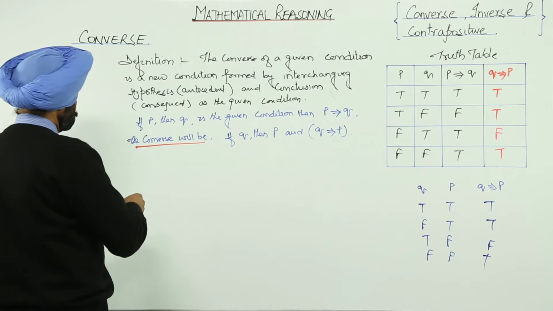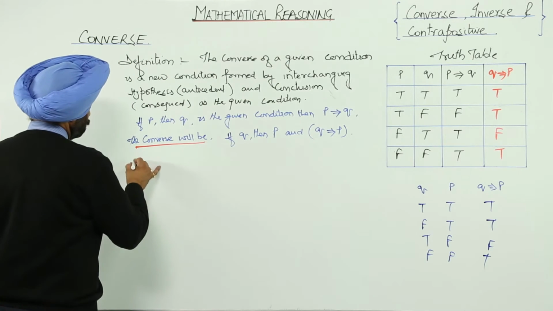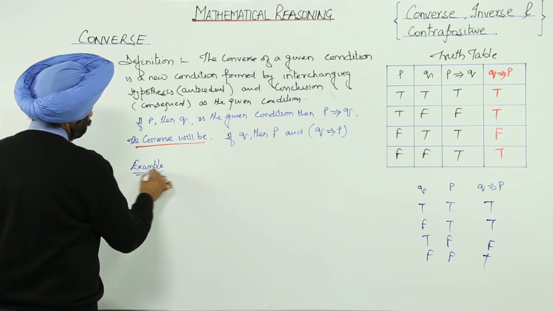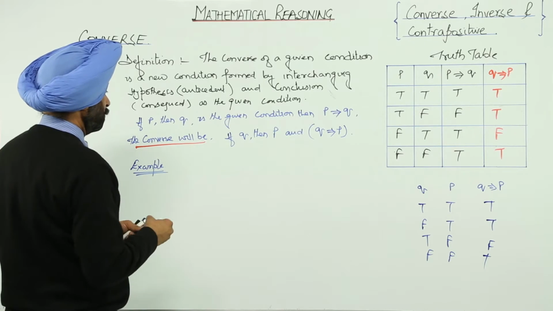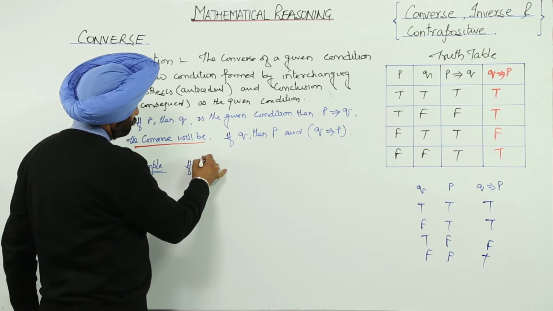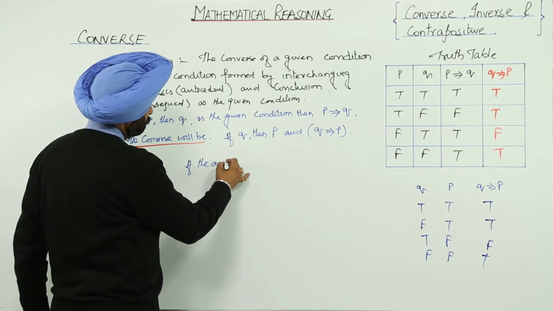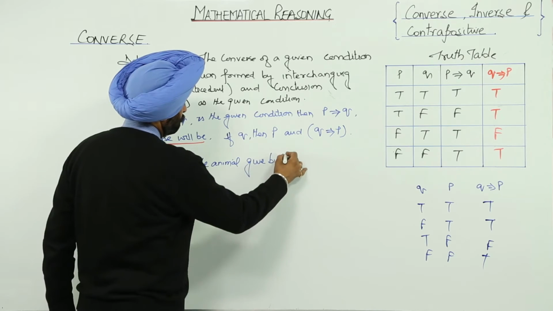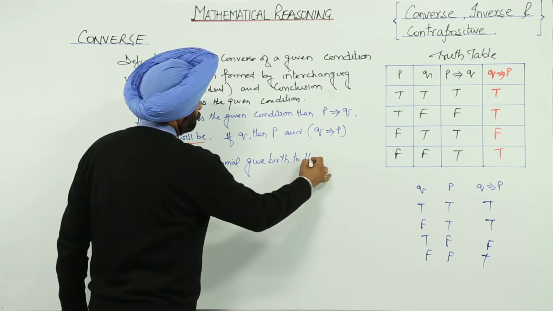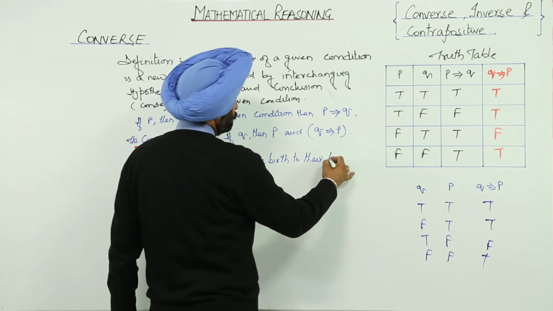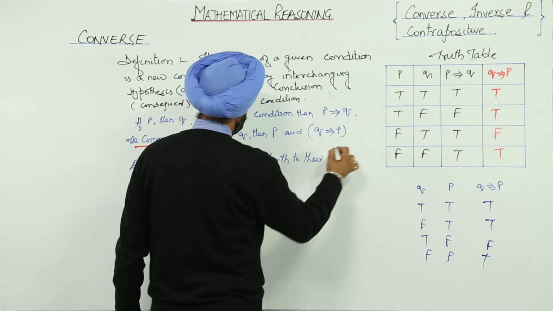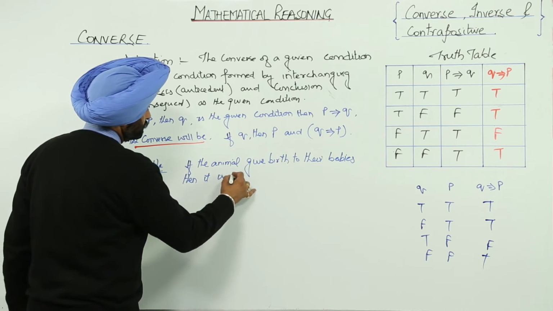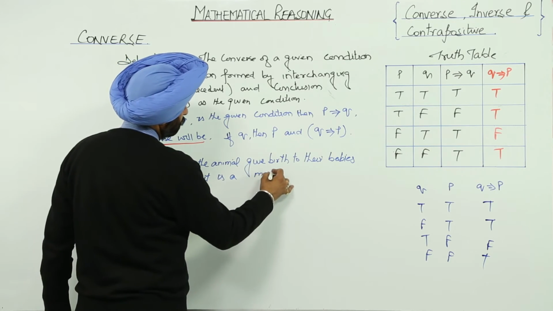Okay, so now let us go with an example. If the animals give birth to their babies, then it is a mammal.